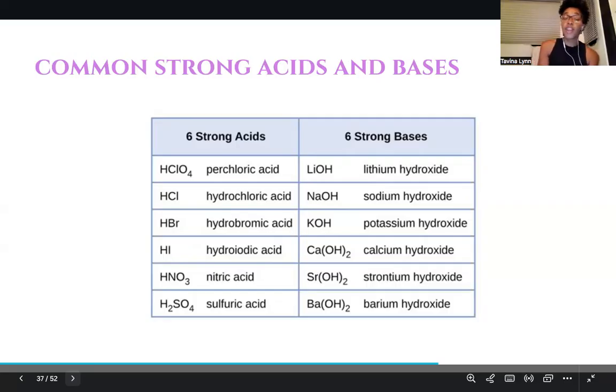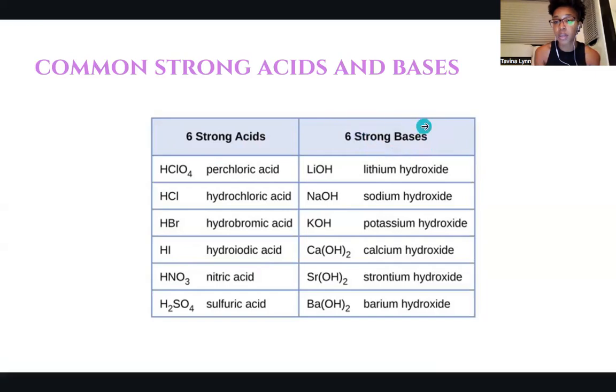And their equilibrium constant, K, should be 1, because essentially whatever we start with completely dissociates or ionizes into either hydronium ions if we're talking about strong acids, or hydroxide ions if we're talking about strong bases. So we'd see a Ka of 1 for strong acids, or a Kb of 1 for strong bases.